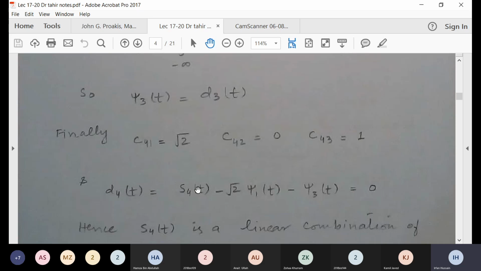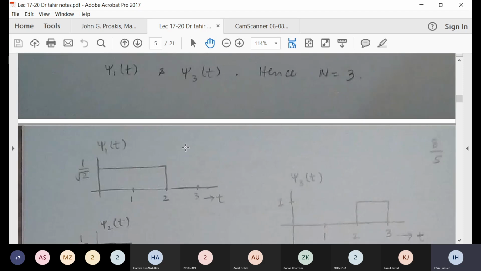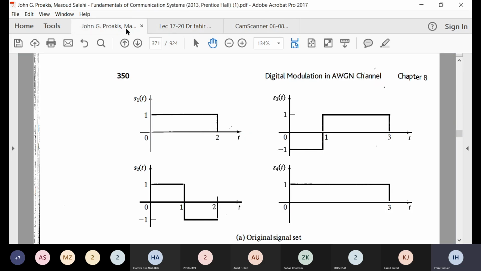Similarly, you can calculate C41, which is the projection of S4 onto psi 1, S4 onto psi 2, and S4 onto psi 3. Let us calculate any one of them. Let us calculate C41, the projection of S4 onto psi 1. You can again see our psi 1 is like this, and I will take its projection with S4.